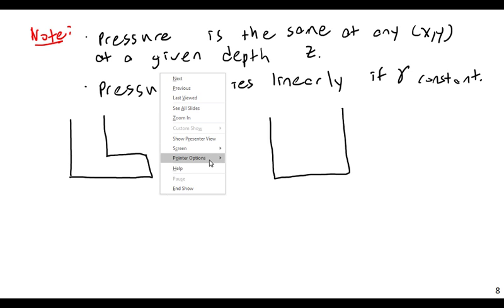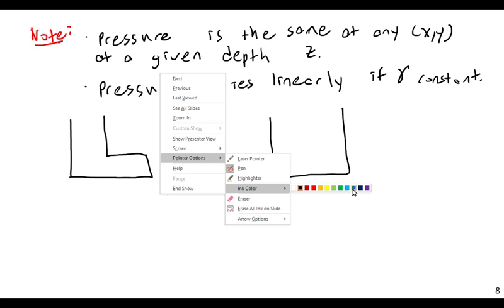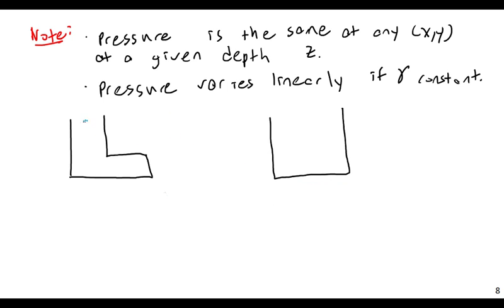This isn't necessarily intuitive, as we saw with the Hoover Dam example. Let's say these are the same depth, and both are filled with water, so we have gamma W for gamma water.